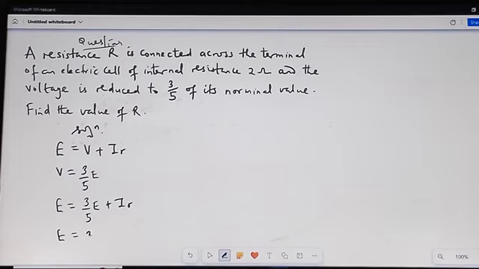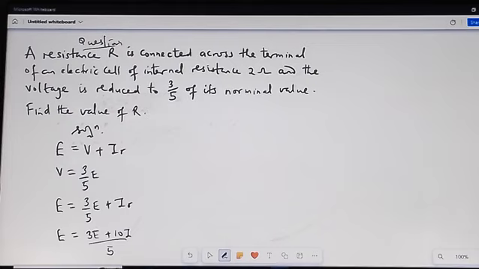If you solve this very well, if you expand it, your E should give you 3E plus 10I all over 5. I skipped a step here.